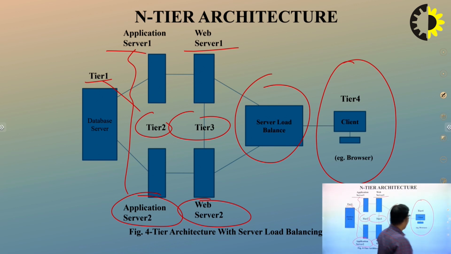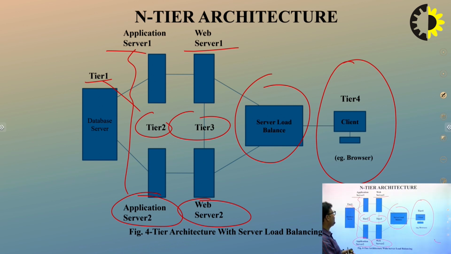So the client sends a request to the server load balancer. This load balancer sends the request to the web server, and the web server sends it to the application server, and the application server sends the request to the database server.